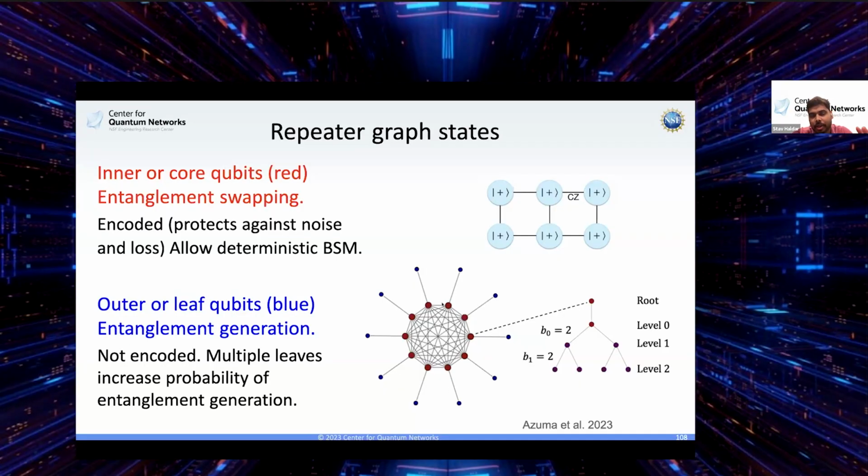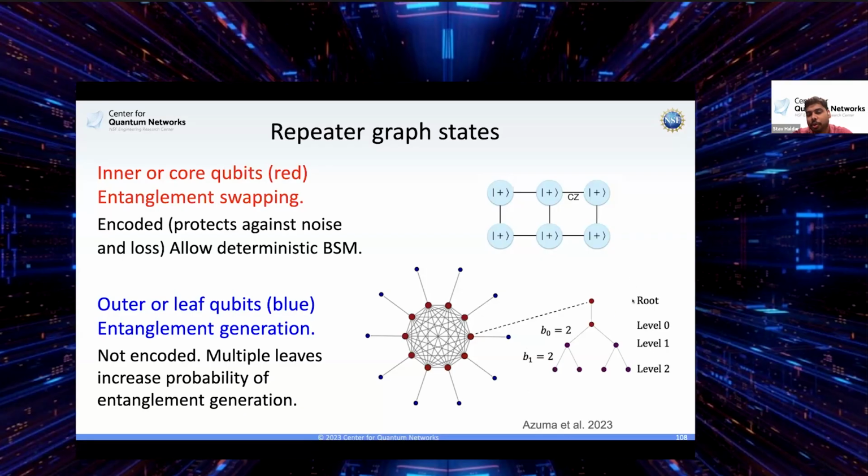The inner qubits will play the role of entanglement swapping. So they will be utilized to do entanglement swapping. These inner qubits are also encoded. So you see this red dot is not really just one physical qubit. Now, there can be many ways to encode this. One of the examples is a tree code. I don't want to go into detail of how that encoding works and why it works.